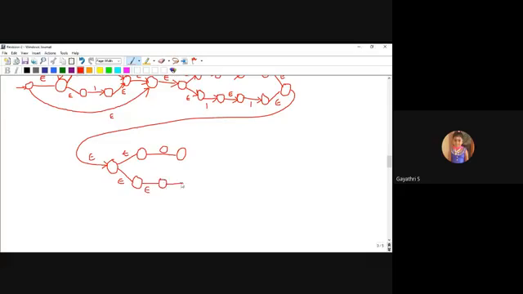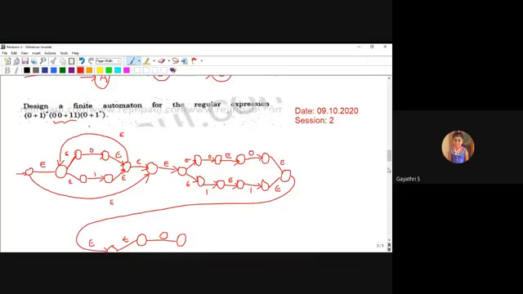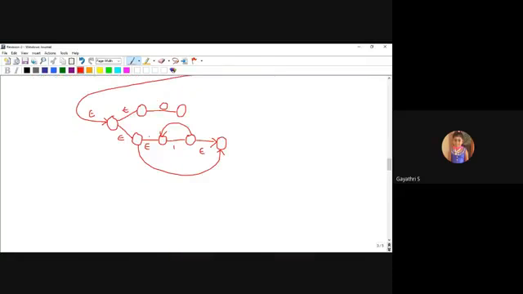Then 1, then epsilon. This is the closure part. So 1 is closure, and this is the part of 1 closure. Again, one more epsilon with your final state.